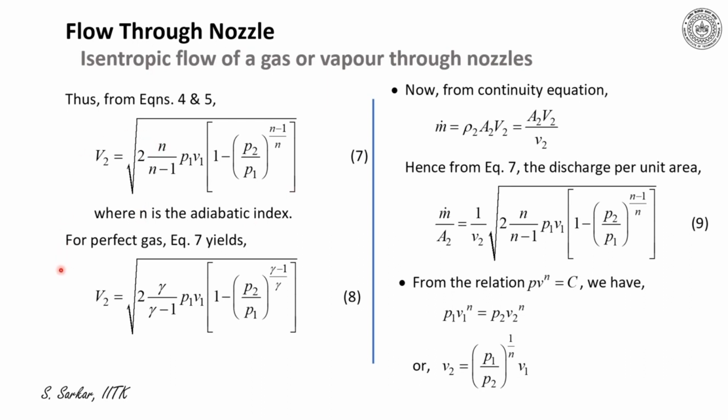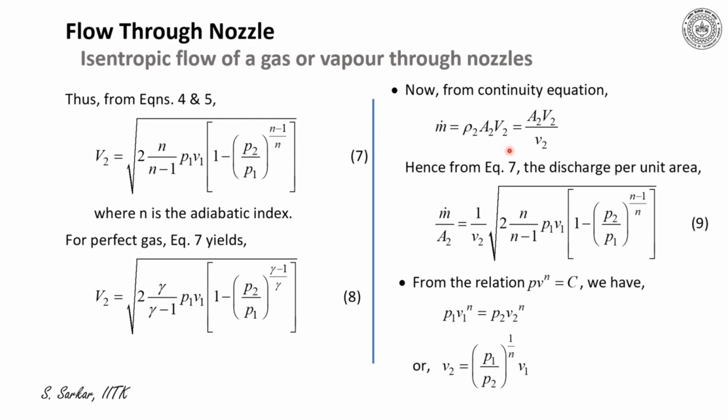Thus for a perfect gas, we have V2 is equal to root over twice gamma divided by gamma minus 1 P1 V1 within the bracket 1 minus (P2 by P1) to the power (gamma minus 1) by gamma, which is equation number 8. Now from the continuity equation we have m dot is equal to rho 2 A2 V2, where subscript 2 represents any section of the nozzle.